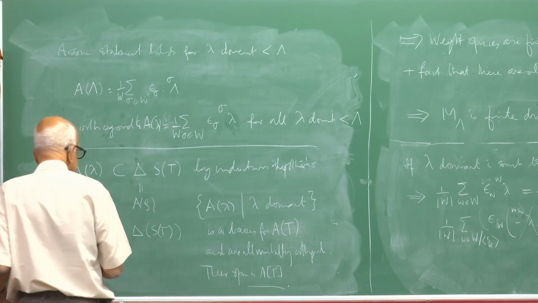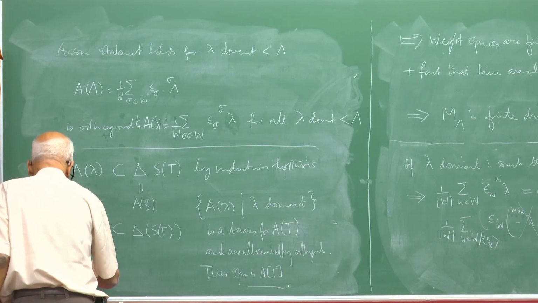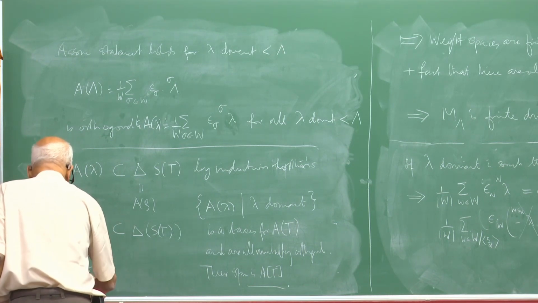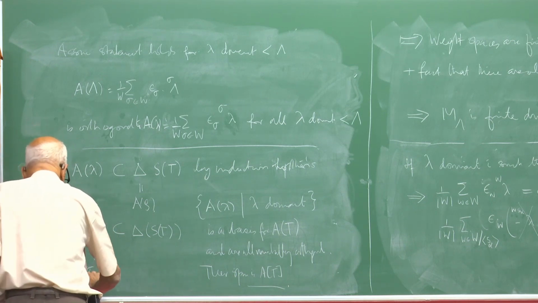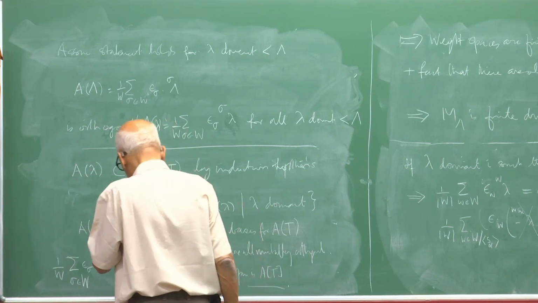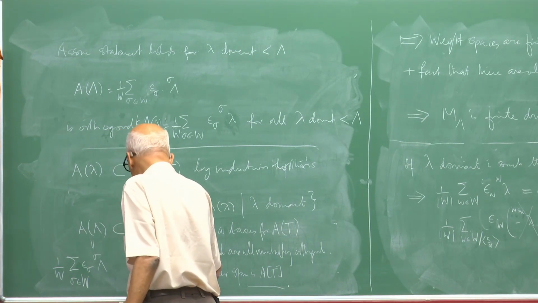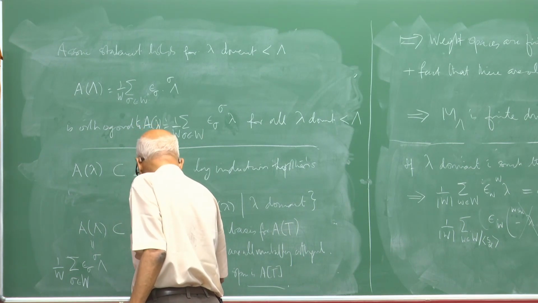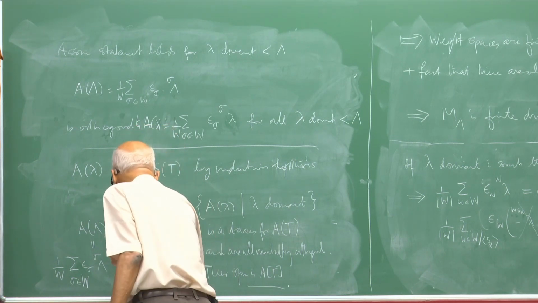This is the average, the sum over sigma in W, this one is 1 over W, epsilon(sigma) sigma rho, sum over sigma in W.